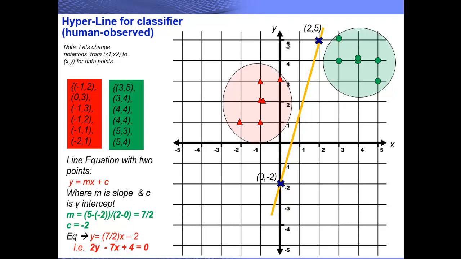The y-intercept is where this line crosses the y-axis, that means -2.